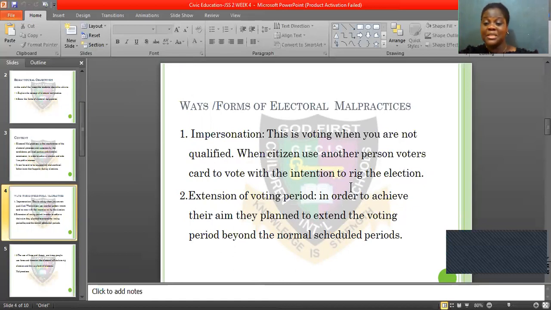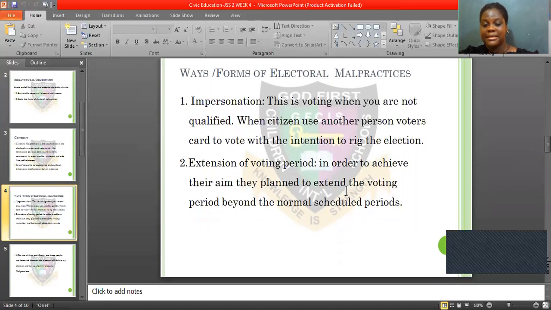Impersonation is when you use another person's voter's card to vote, pretending to be that person. Extension of voting periods: voting is supposed to stop by 4. By 10 o'clock, they are still voting. 10 o'clock at night, they are still voting. That is extension.